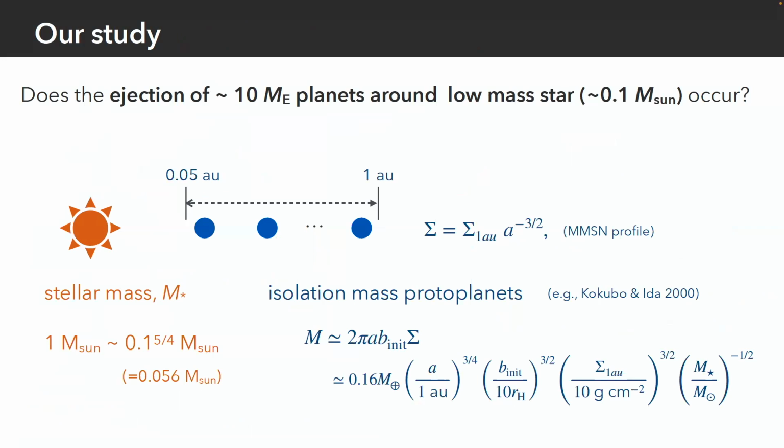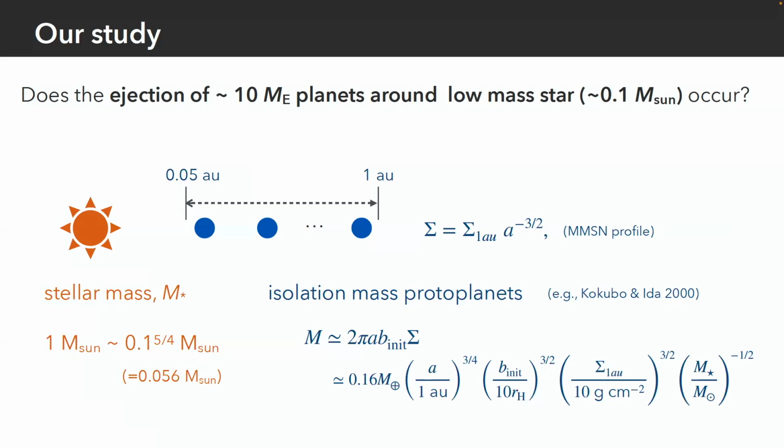Then we set up stars and planets and performed N-body simulations. In our simulations, stellar mass is a parameter, down to very low mass stars, 0.056 solar mass.